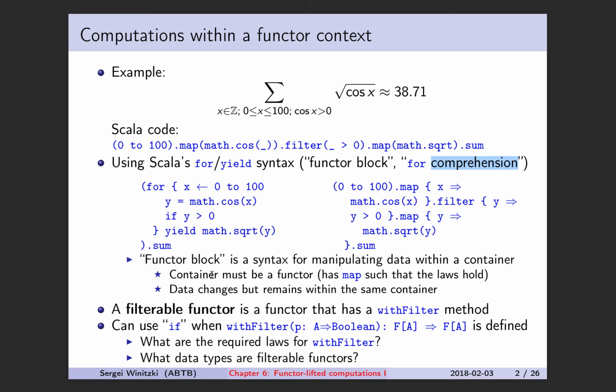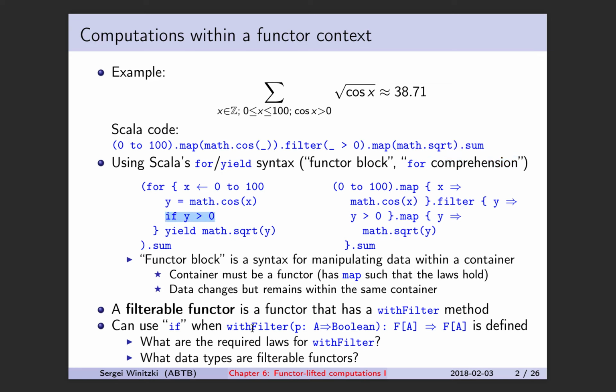I explain what that block does in general and say what a filterable functor is. The main thing it has, in addition to a usual functor, is the if construction that you can use in the functor block, or a withFilter function that is the Scala syntax for that function.